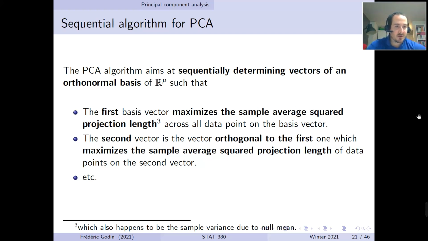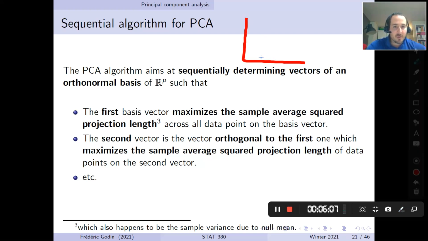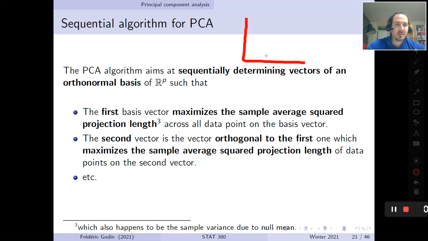So if we go back, let's maybe use the previous example we had. So these were the canonical axes, or the regular axes.